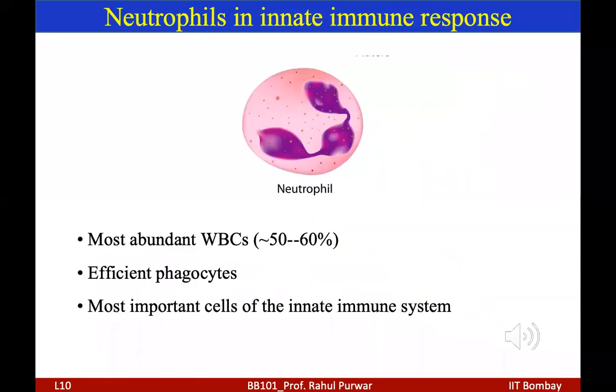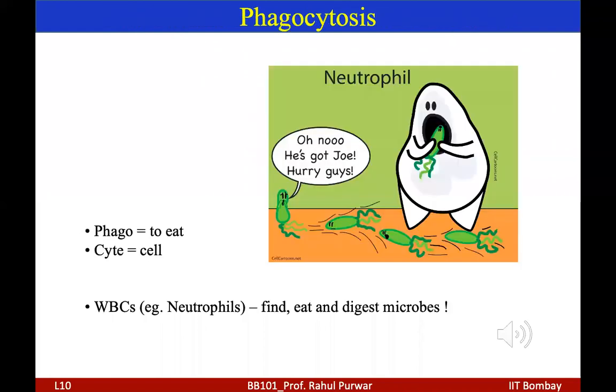For example, neutrophils, which I have shown you, are the most abundant white blood cells. In fact, 50 to 60% of the WBCs are neutrophils, and they are the most important cells of the innate immune system. Whenever you have any damage or inflammation, these are the cells which reach the inflammatory site first.